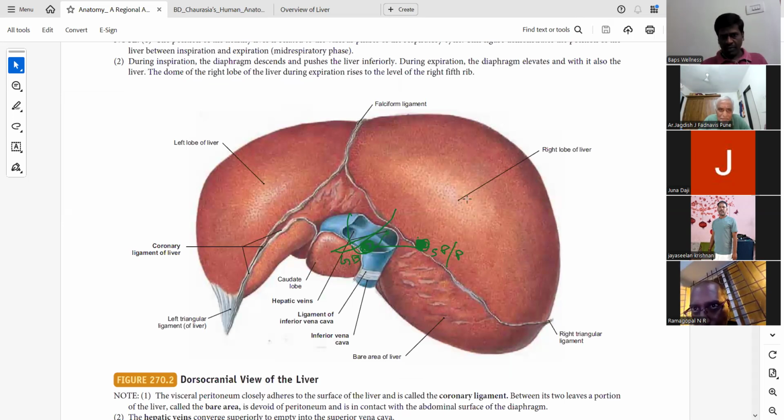Right and left lobe, these are all the major lobes. This is the caudate lobe.